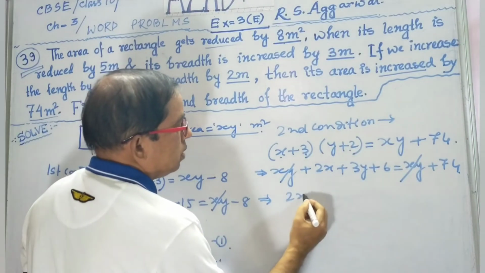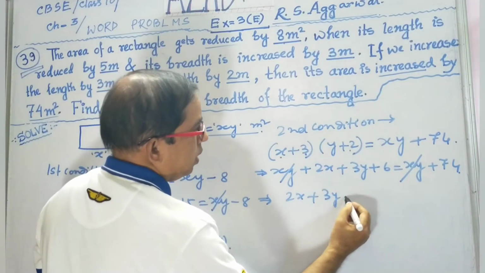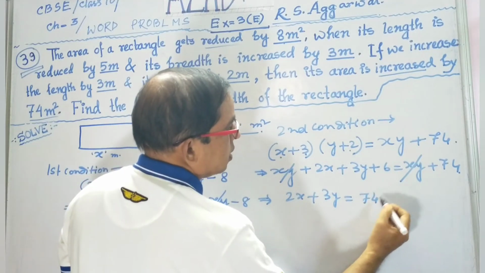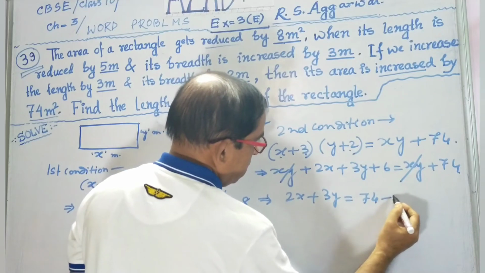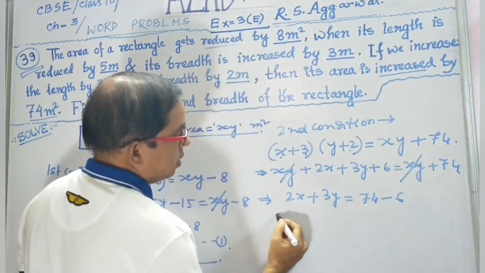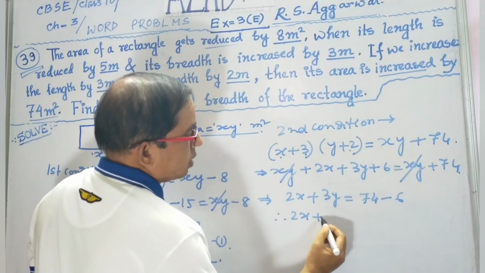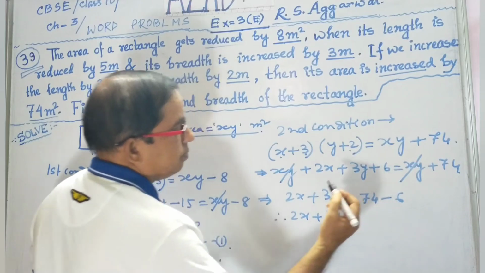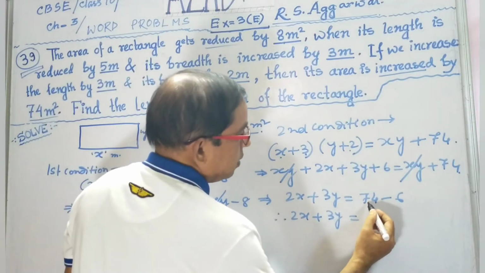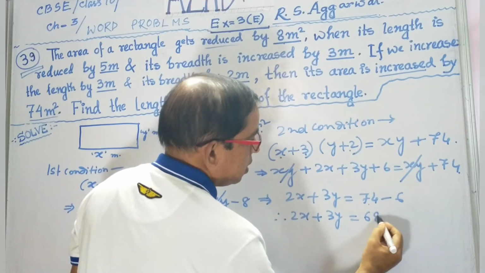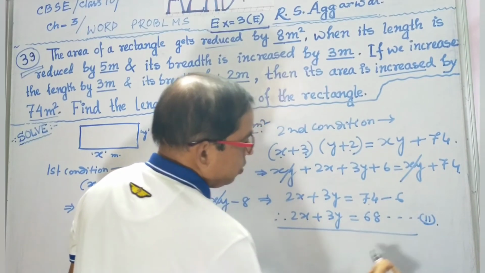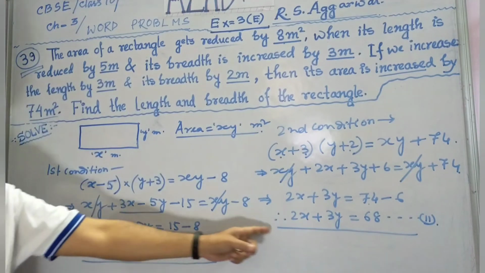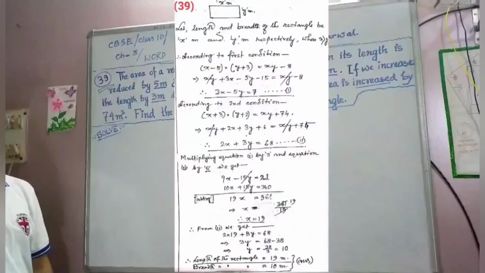What is here? 2x plus 3y equal to, in that side 74 was there, and 6 will go that side, that is 6 will be minus 6. So 2x plus 3y will be 74 minus 6 means 68. This is the equation 2. Now you can solve these two equations very easily.